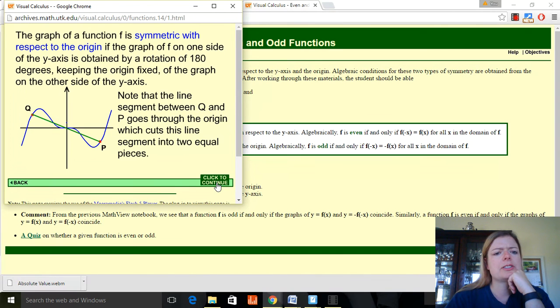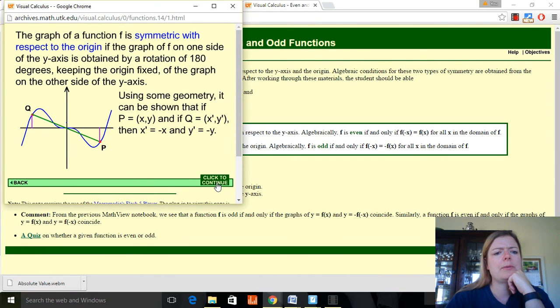We can think about it this way: if P is (x, y), then Q would be (-x, -y). Because it's been flipped twice, both x and y are negative. So let's say if this is (5, -2), this would be (-5, 2).